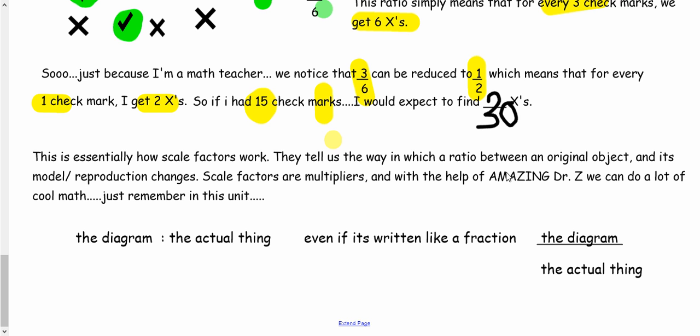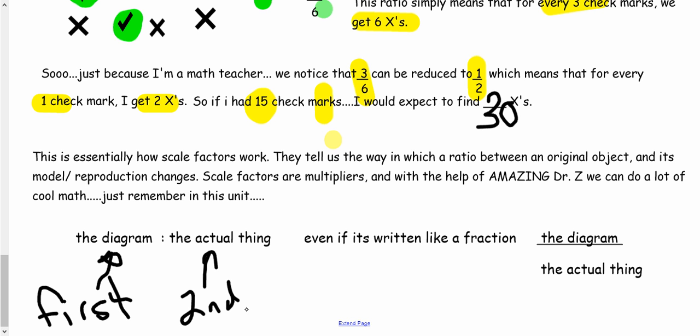Scale factors are multipliers. And with the help of amazing Dr. Zed, we can do a lot of cool math. Just remember, in this unit, the diagram is always mentioned first, and the actual thing is always mentioned second.